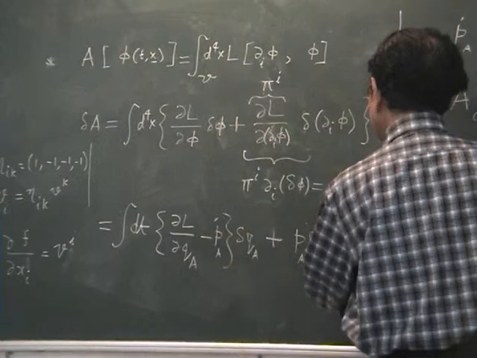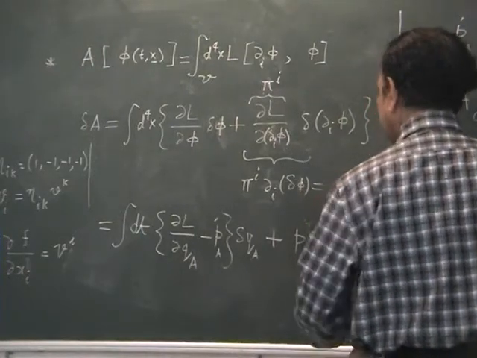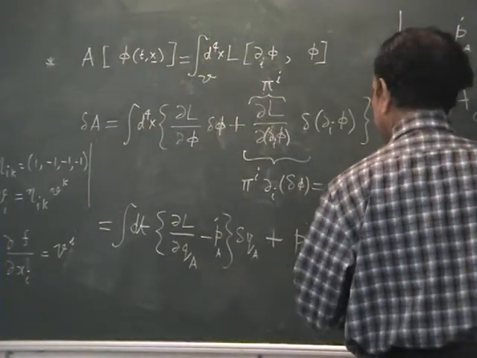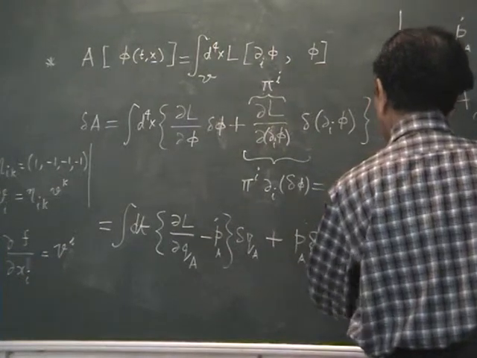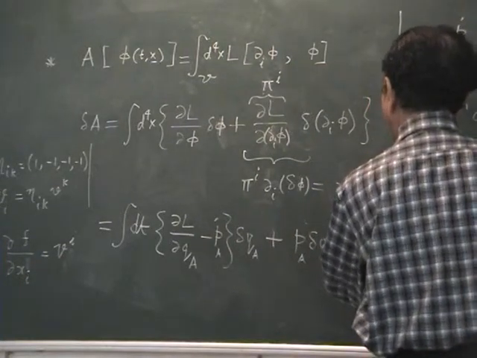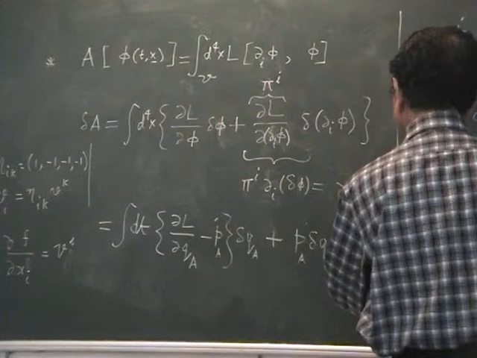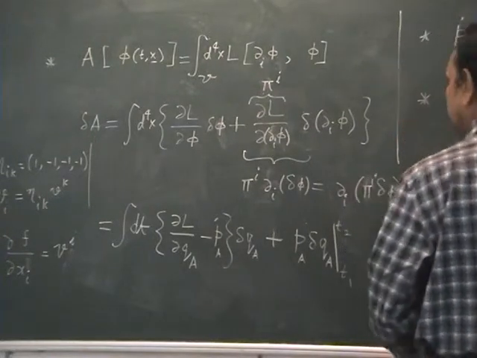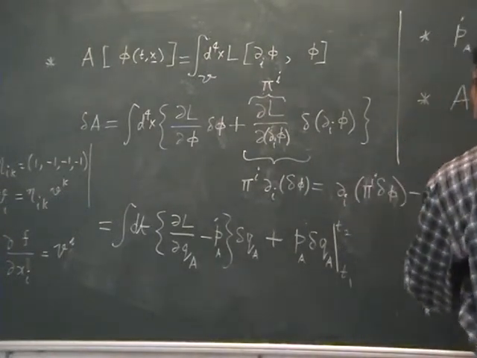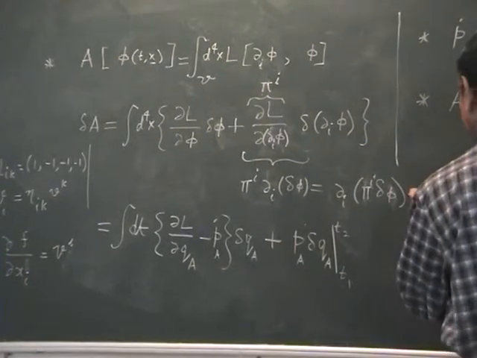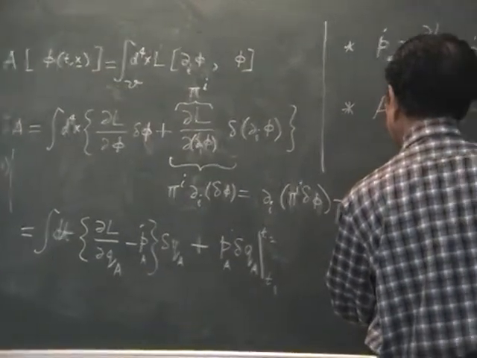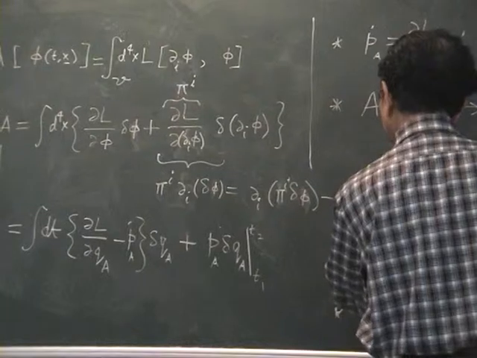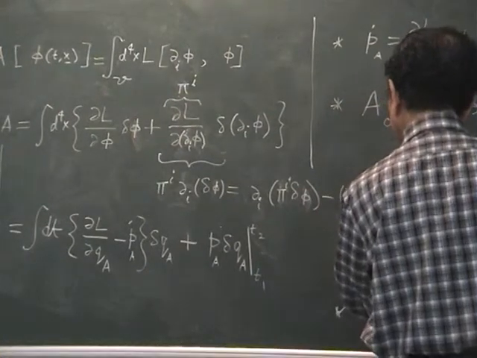So this is going to give me d_i of pi^i delta phi minus d_i of pi^i times delta phi.